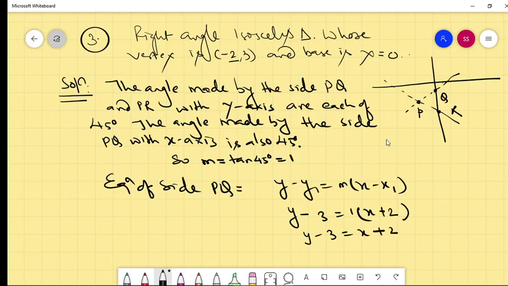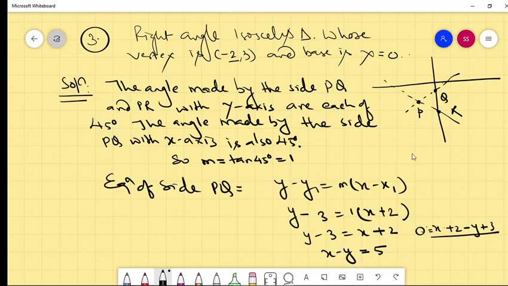Shifting that, x minus y equal to 3 plus 2, that will be 5. If we shift both sides, it will be 0 equal x plus 2 minus y plus 3. It becomes x minus y equal to 5.